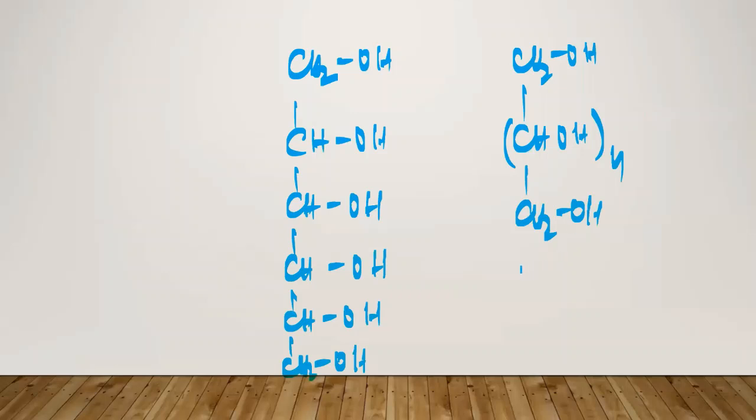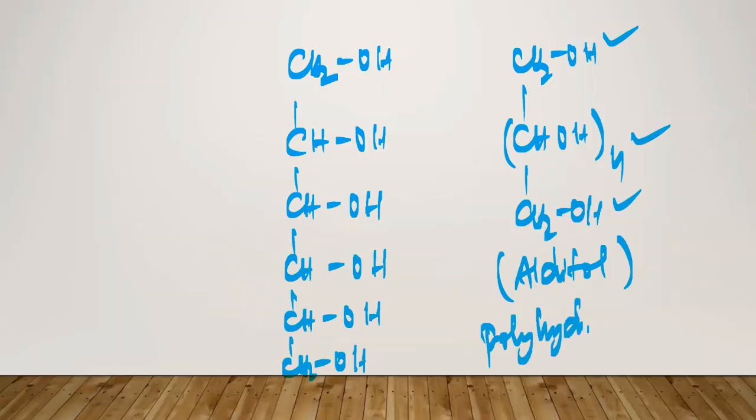Now this kind of compound is called alditol, and this alditol contains almost 4, 5, and 6 OH groups. So you can also call it hexahydric alcohol, or you can directly call it polyhydric alcohol. Polyhydric alcohol. I hope, my dear friends, you have understood this important term.